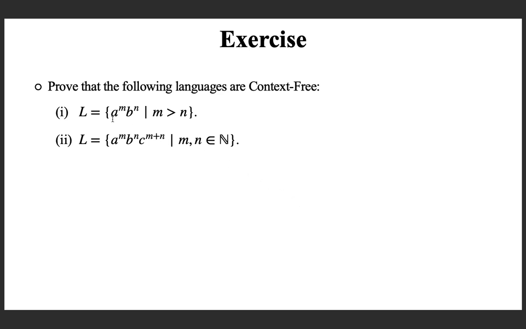First language where you have m number of A's followed by n number of B's, where m is greater than n, which is a non-regular language. And here it is m number of A's followed by n number of B's followed by m plus n number of C's. This is again a non-regular language, but you can get a context free grammar and thus conclude that it's a context free language.